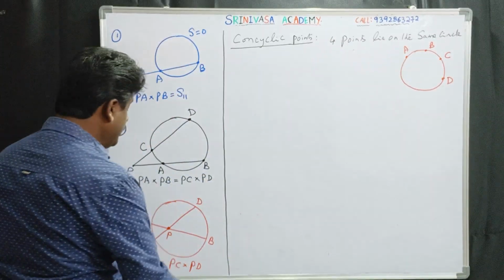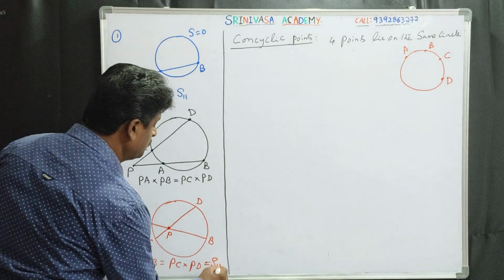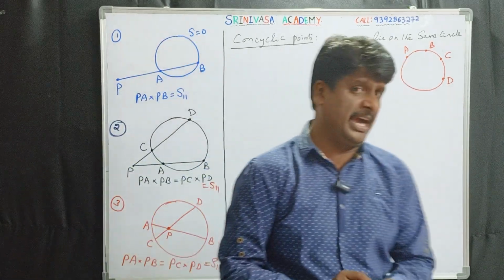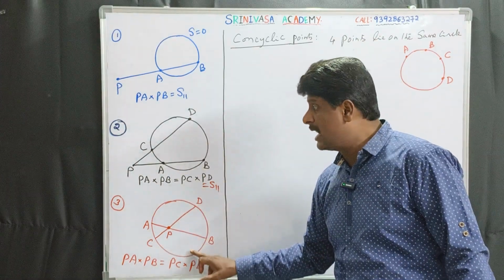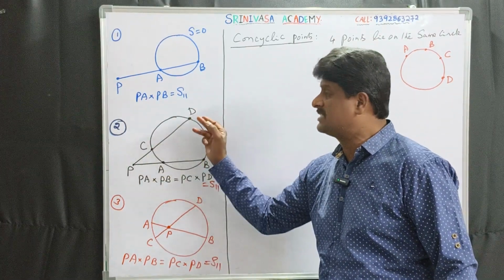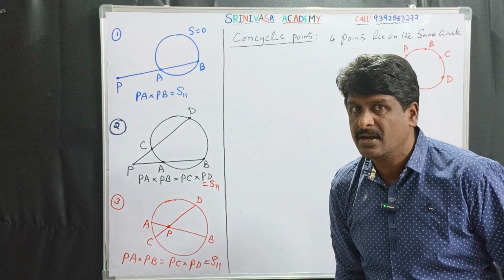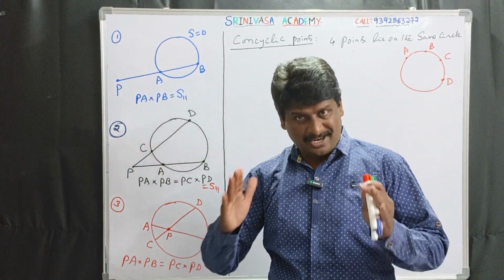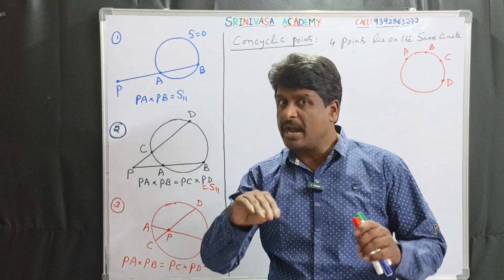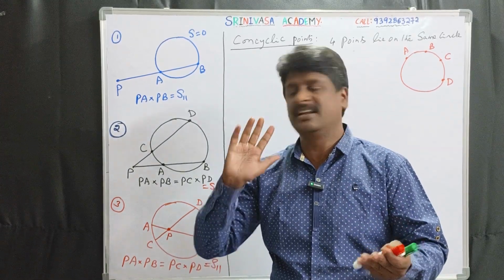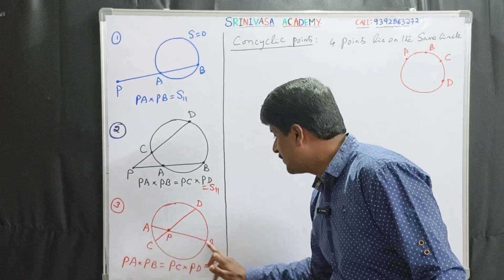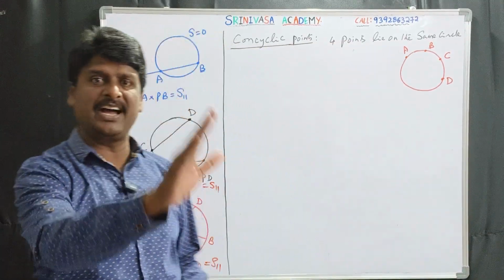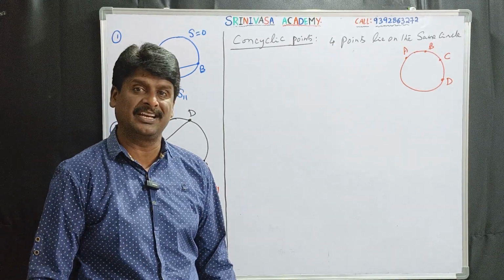That's why PA into PB is equal to PC into PD. Here also S11. Do observe that in these 2 diagrams, capital A, capital B, capital C, capital D lie on the same circle, so we can say they are concyclic points. Concyclic points means 4 or more points lying on the same circle. Here also capital A, capital B, capital C, capital D are on the same circle. That's why they are also concyclic.